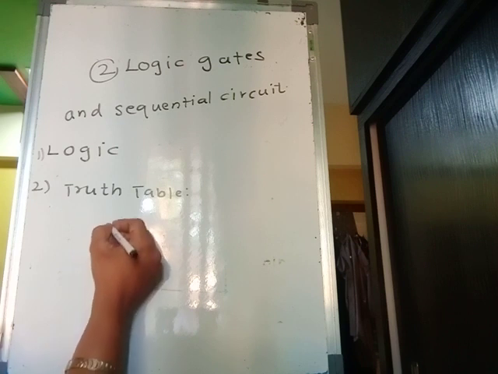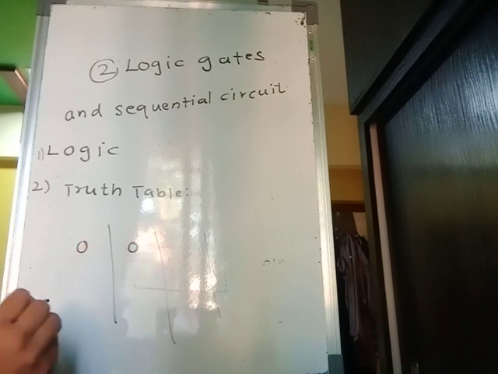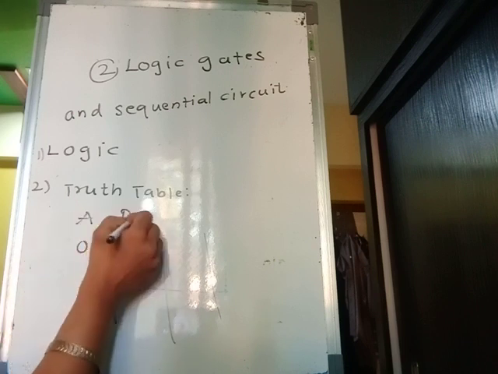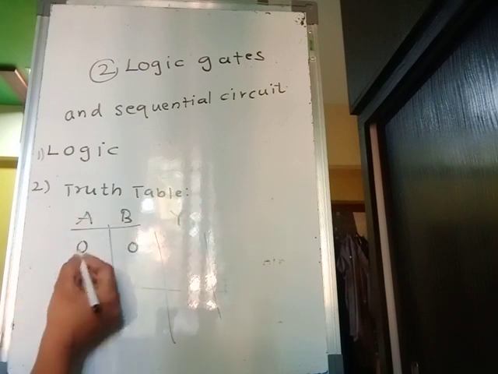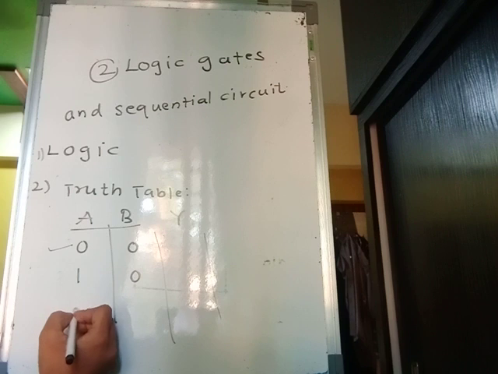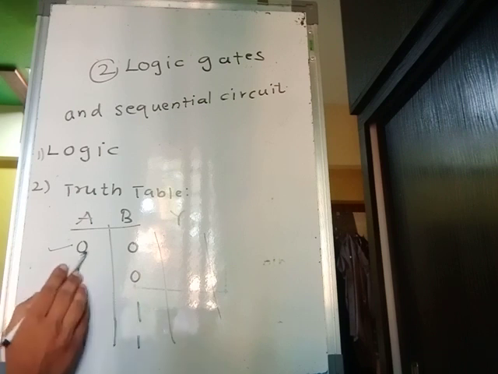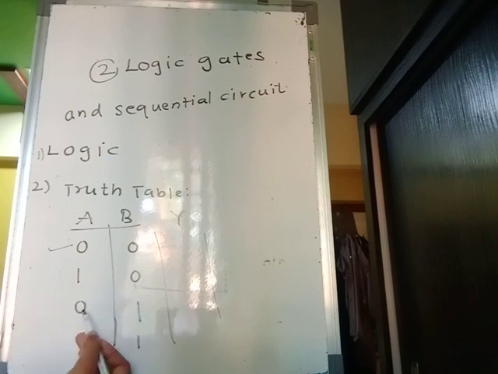If you are taking all possible combinations, suppose this is A and B, which is nothing but our input, and suppose Y is our output. So 4 possible combinations means first low low, then high low, then low high, then high high, meaning 0 0, 1 0, 0 1, 1 1.